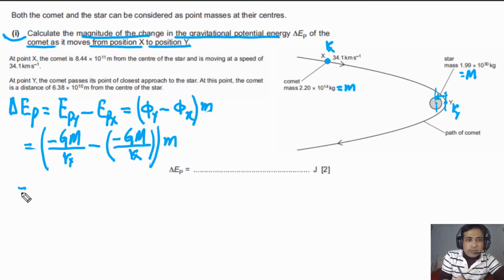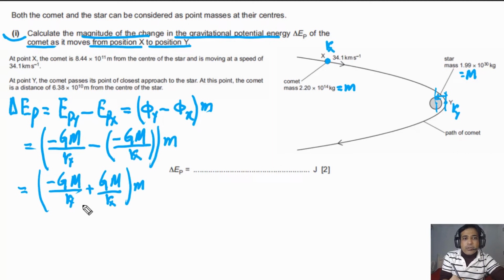Now we can further simplify this. We can write this as negative GM over r_y, and this one we have plus capital GM divided by r_x, and this is multiplied by m. Now in this case you can see we have GM, we can take this common, so we have capital M small m.